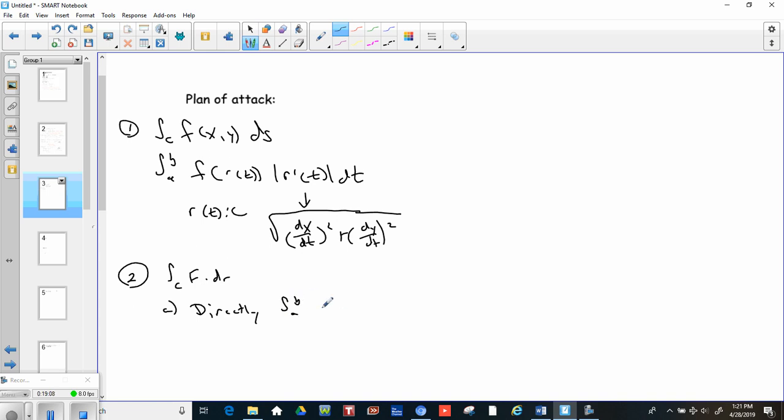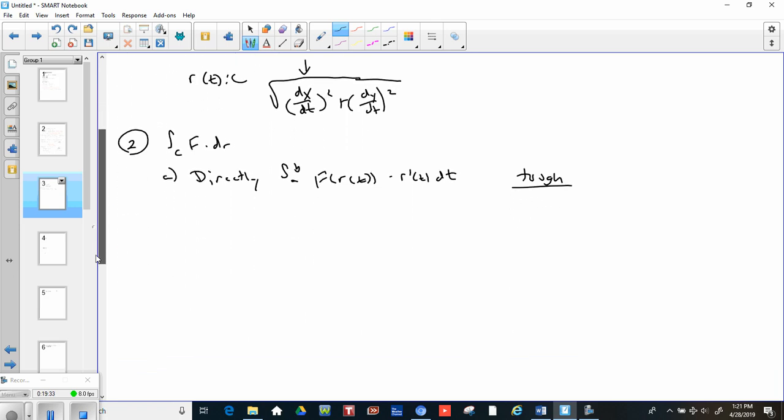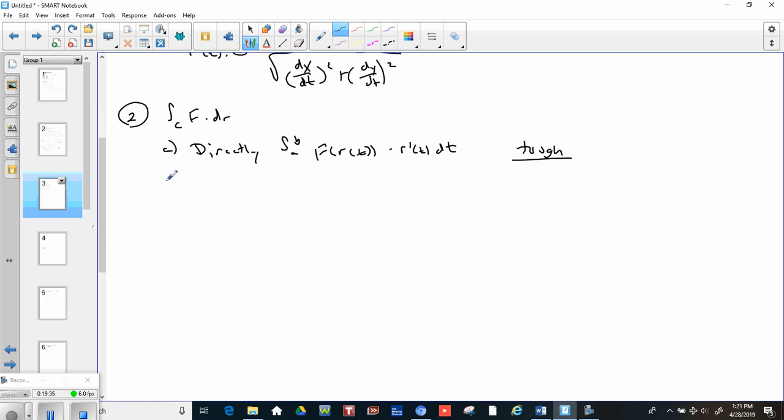So again, integral from a to b of f of r of t dot r prime of t dt. Some of these things, it's really, really hard just to trudge through all the stuff that you have to do to get to that. It's not horrible, but it's there. It's an option.